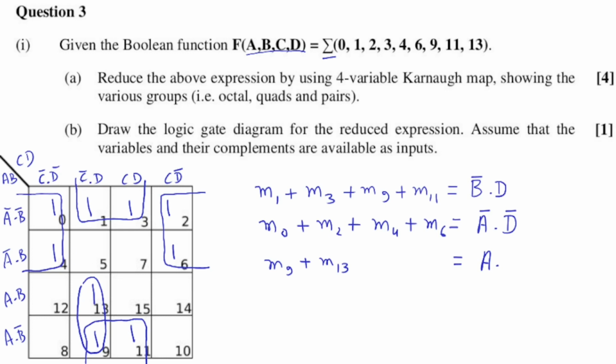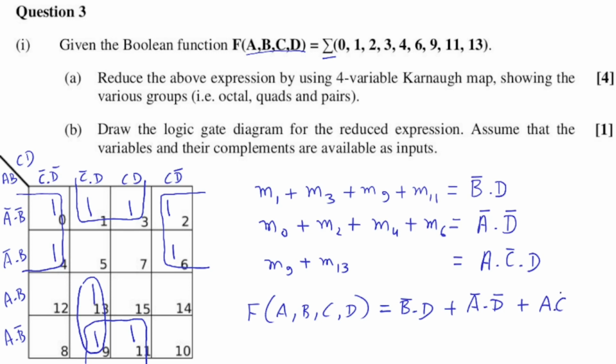And at the top, C complement dot D is common to both, so we'll say C complement dot D. So the final reduced expression of A, B, C, D is F(A, B, C, D) equals, the first term is B complement dot D, then the next term is A complement dot D complement, and finally the last term is A dot C complement dot D.